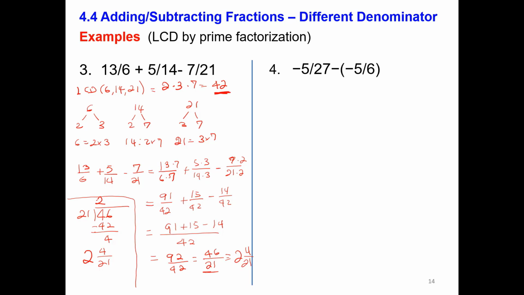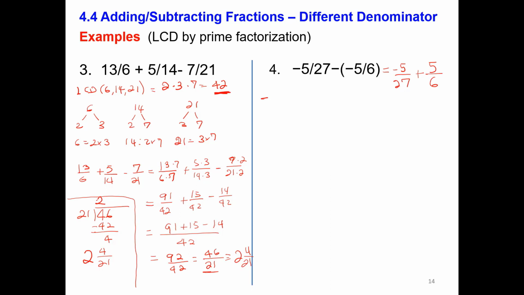The first thing we want to do is rewrite this number. You see we have 2 negatives here, so we want to simplify that expression. Then we have minus 5 over 25. Negative times negative is positive, and this is the same thing we have here.